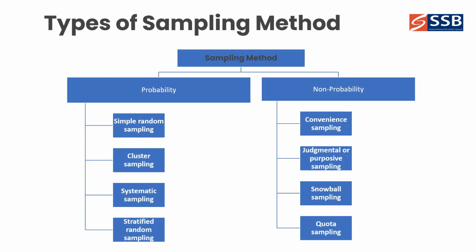Next we have snowball sampling. This sampling method is applied when subjects are difficult to trace. When you are not able to get those samples which you prefer, that time you go for snowball sampling. Say, for example, you want to gather information about cancer patients.